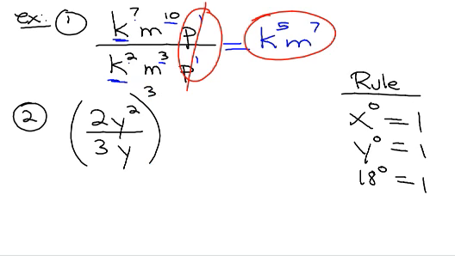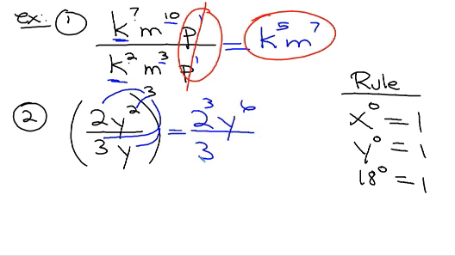Well, this third power needs to be distributed to everything in here. Don't forget the coefficients out in front. So this is 2 to the third, y to the 6th, and now we're using that power that we learned the last couple days, 3 to the third, y to the third.